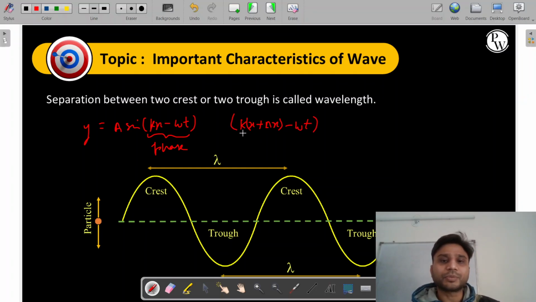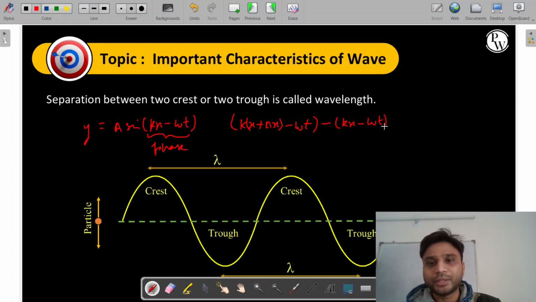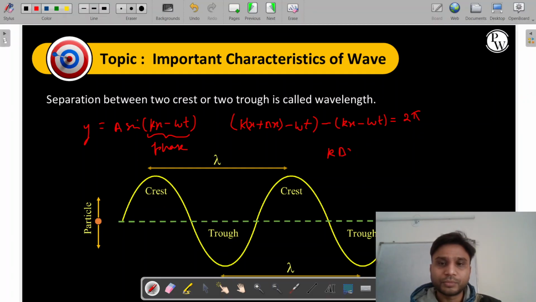So if we subtract this current phase, that is k(x plus delta x) minus omega t, with the earlier phase kx minus omega t, and we say that the phase difference between two points is 2 pi, then delta x, that is wavelength of the wave, is equal to 2 pi by k.